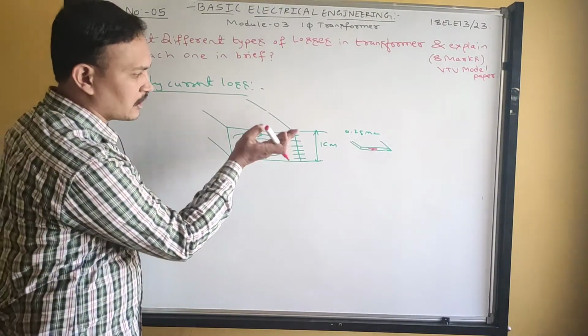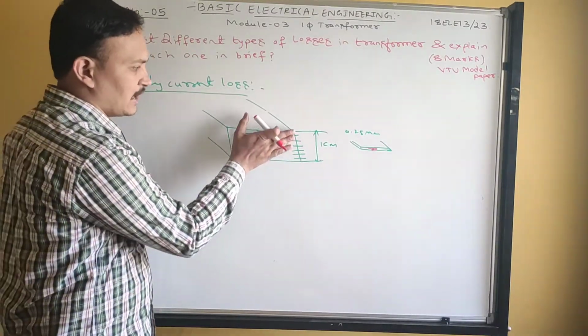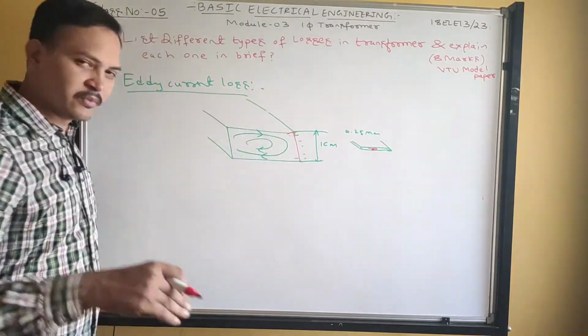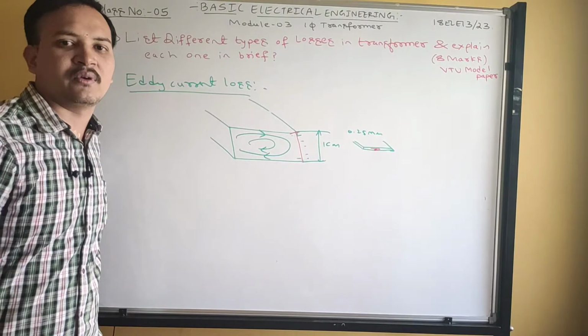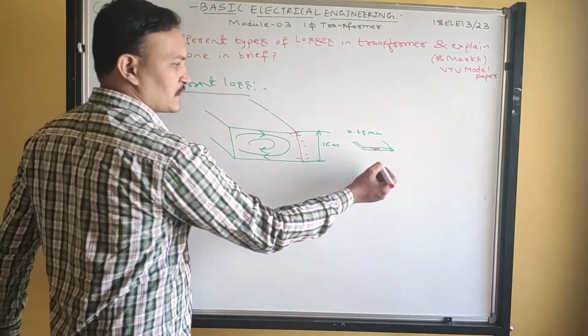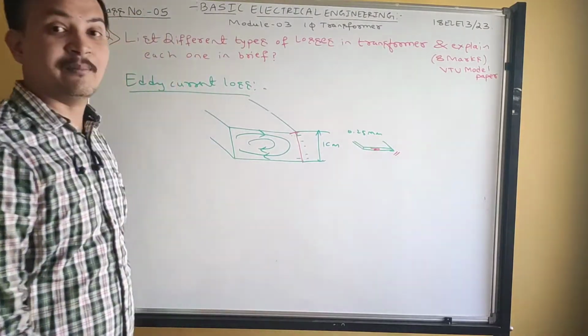Suppose I do not cut the laminations and directly use a solid core, then the core will become more and more heated. That can be reduced by using n number of laminations.